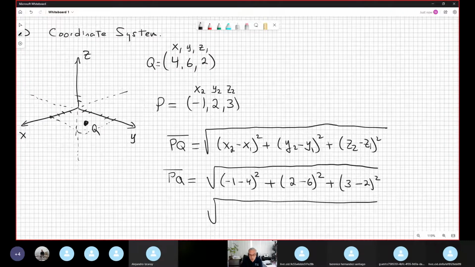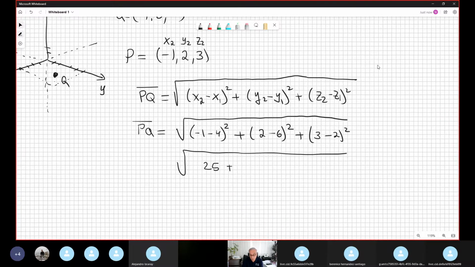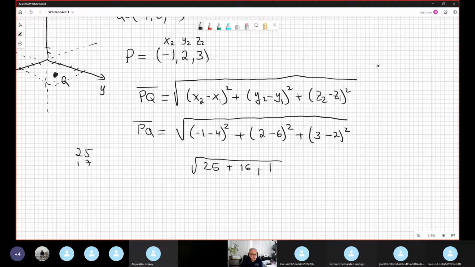This is 5 squared, 25, plus 4 squared, 16, then 2 minus 6 is negative 4, squared is 16, plus 3 minus 2 is 1, squared is 1. You put it together, it's 42, no? 42. Okay, it's 25, 16, 1, 42.